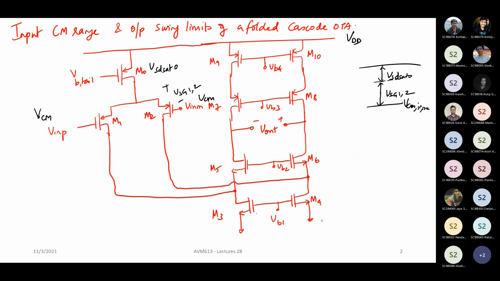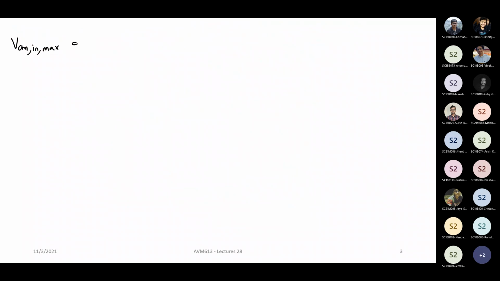If you keep increasing the input common mode voltage, there can come a point where the VSG of M1 and M2 is coming down, or even before that, the first thing that will get affected is the VSD sat of 0. So these two things form your VCM in max: VSD sat of 0 plus VSG 1, 2.